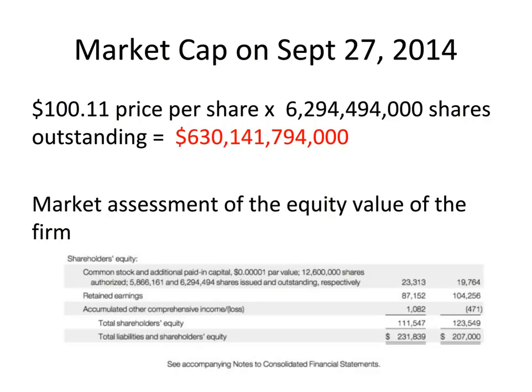That $630 billion is the market assessment of the equity value of the firm. Note again that that is going to differ from what is shown on the balance sheet, which we can see there that total shareholder equity is $111 billion. The market cap is the market's assessment of that value, taking into consideration the future cash flows.